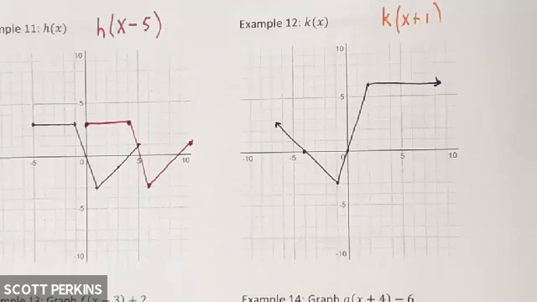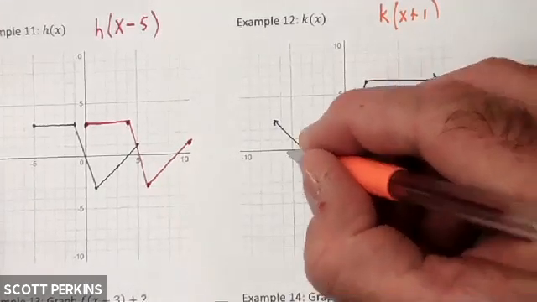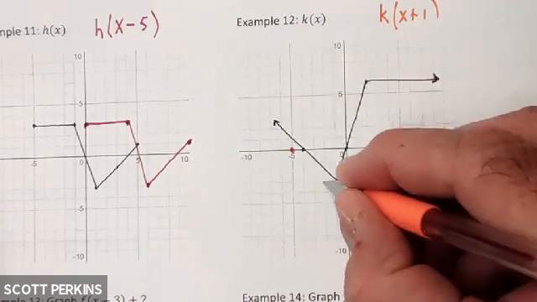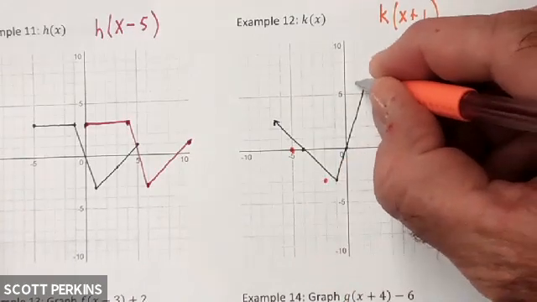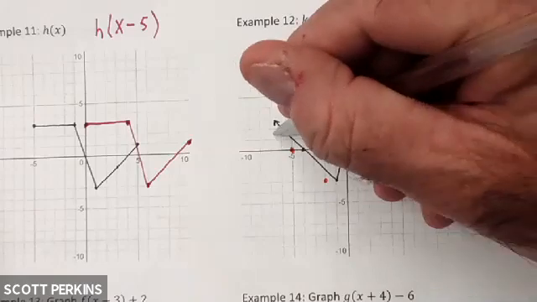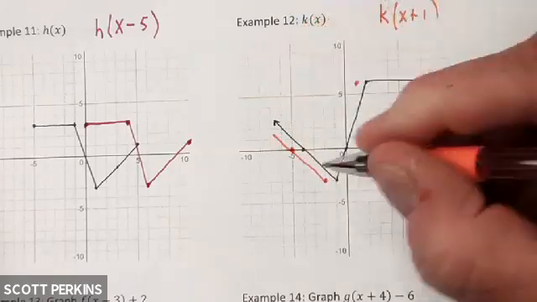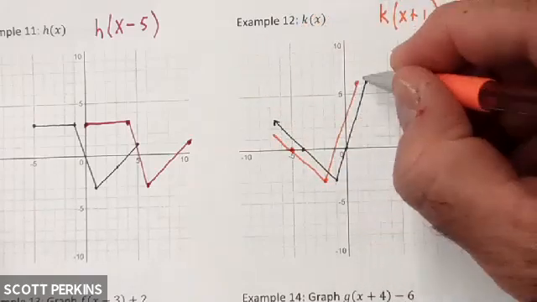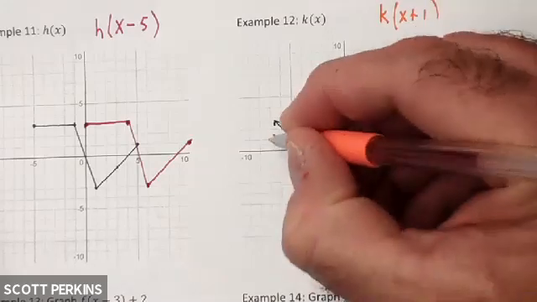So the x plus 1, this is going to move the whole graph to the left 1 unit. So each of these points that I've defined for you are just going to go left 1. And so the graph, remember, is the exact same graph. And it's just moved left. And there it is.